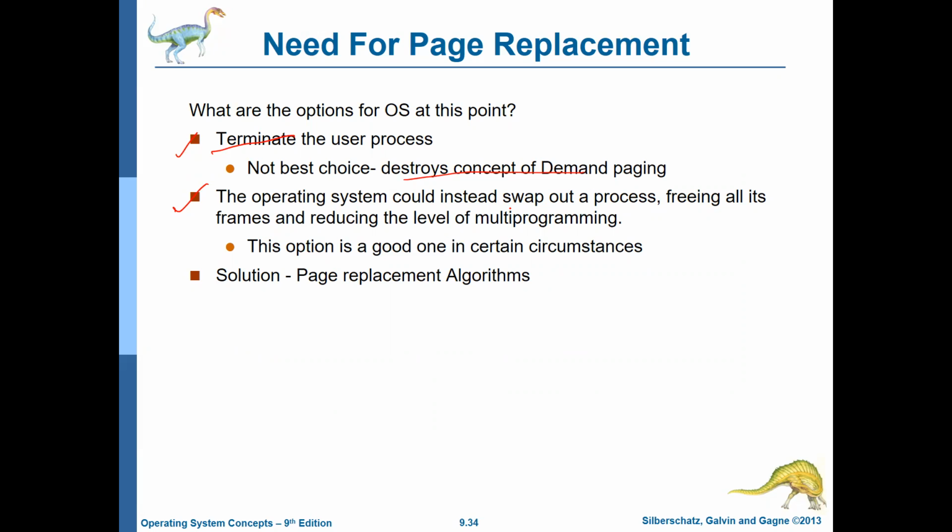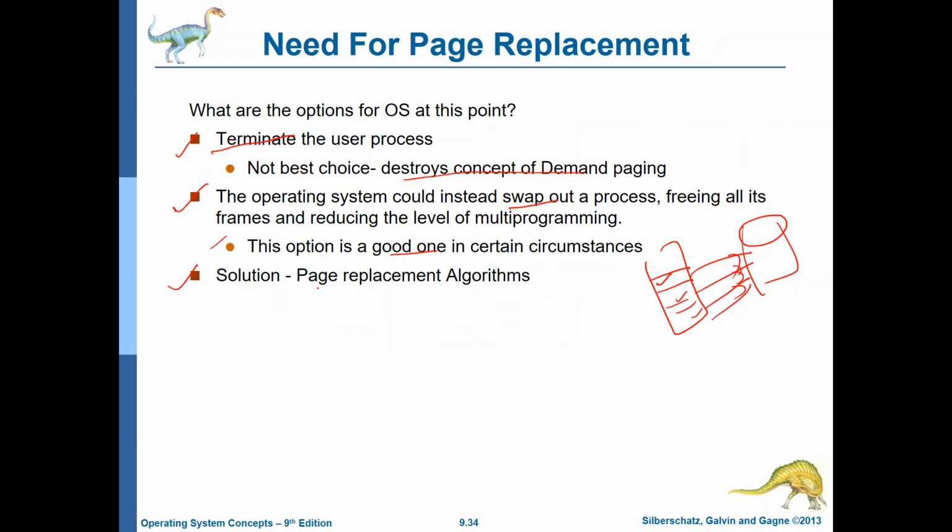Swapping out means you move all those pages from the physical memory to the secondary storage device. So all of that process's pages, wherever they are, will be moved temporarily to the secondary storage, and later we bring them back when needed. That is a good option in certain circumstances, but not always.